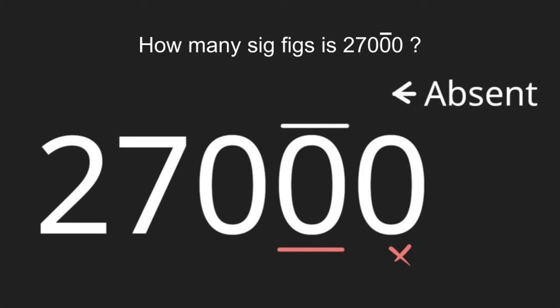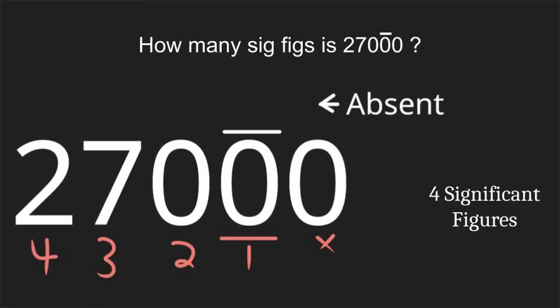So, the 0 in the tens and the 0 in the hundreds both count as 2 sig figs. Then we have the 7, which makes 3, and then the 2, which makes 4. Therefore, 27,000 with a bar over the 0 in the tens has 4 significant figures.